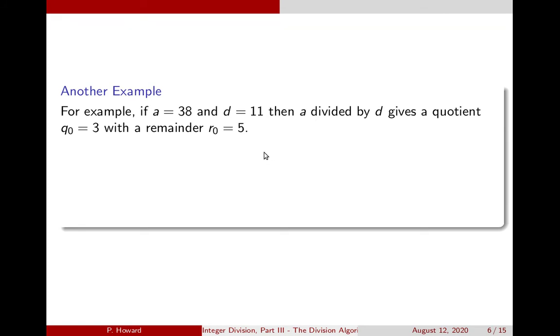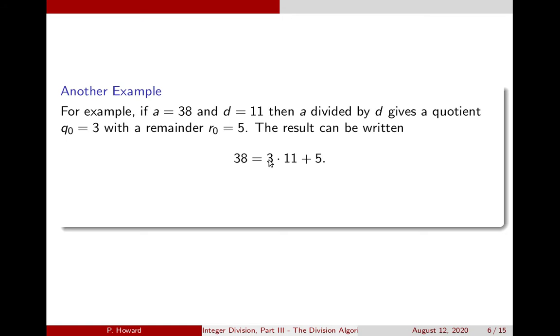Let's try one more example. So if a is 38 and d is 11, and you divide 38 by 11, let's see, 11 goes into 38 3 times. So the quotient, q0, is 3, and the remainder is 5. And we will usually be writing the results of the division in this form, as I said earlier.